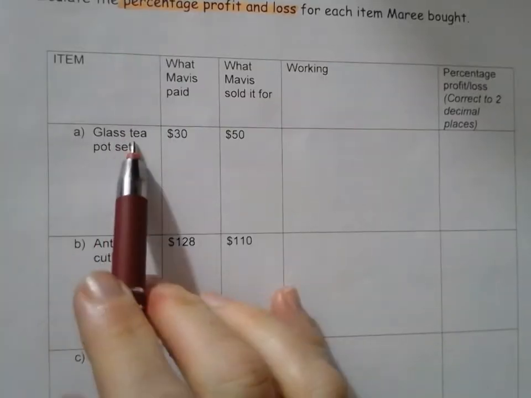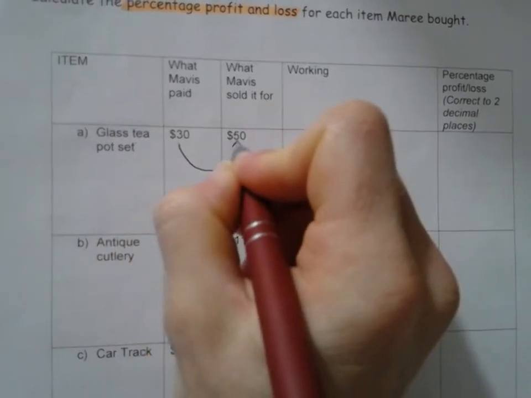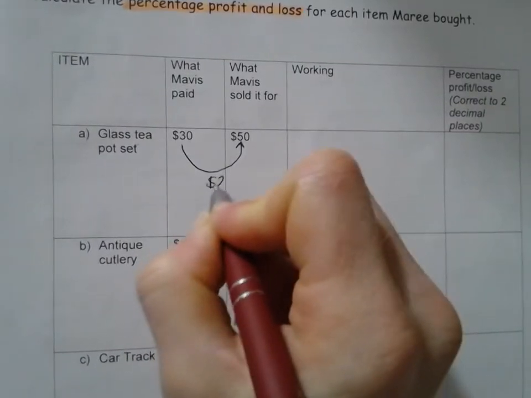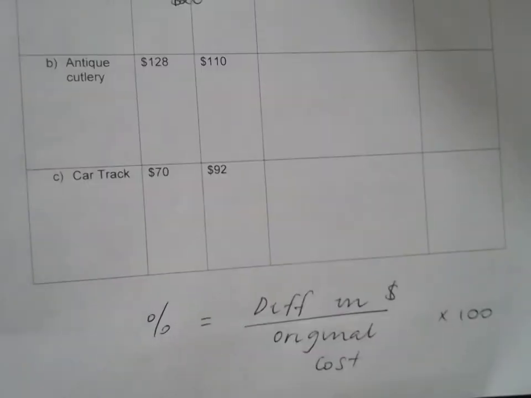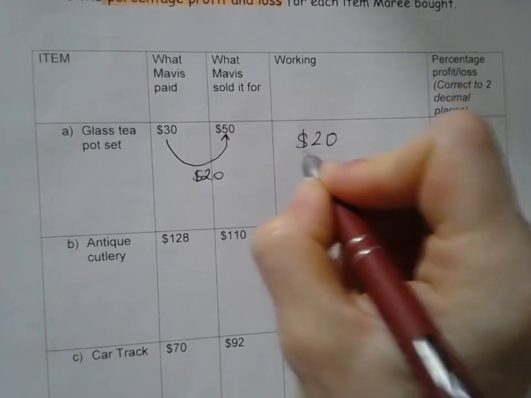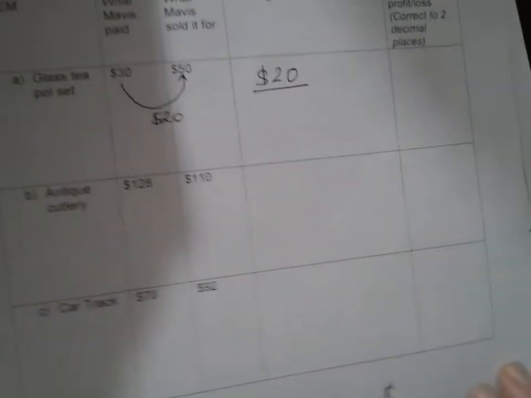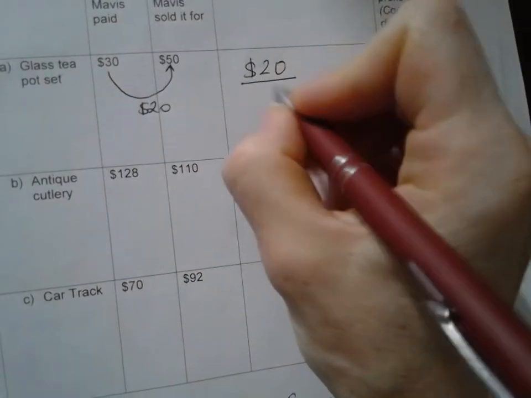She bought a glass teapot for $30, sold it for $50. The difference there is $20. So that's the first step in our rule. Difference in dollars is 20 over the original cost. So the original cost is the $30.